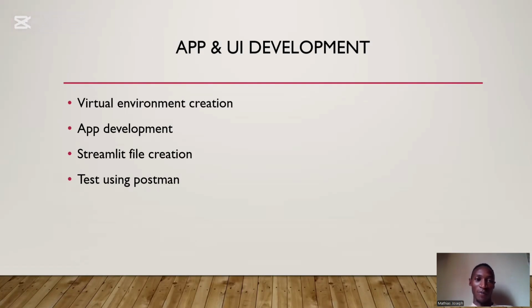In that, we installed the necessary files that we needed, for example PyTorch, Streamlit, and all other necessary installations. We moved on to create the app. So we created the app.py that contained the Streamlit files.